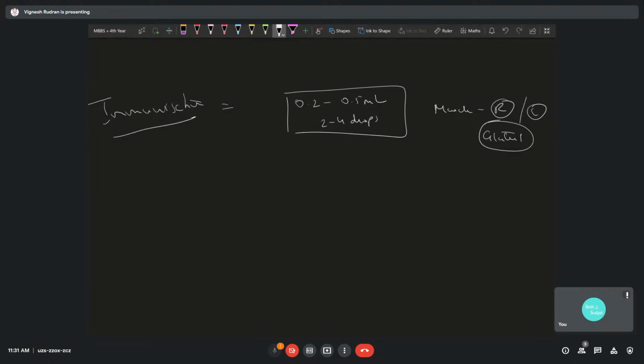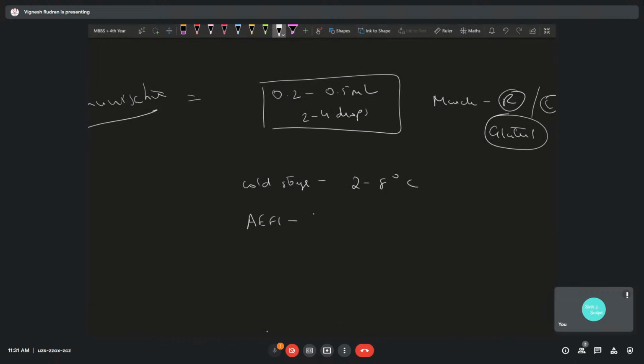And then cold storage. Most of the vaccines are stored at 2 to 8 degrees centigrade. So this is another point. And then AEFI. So certain vaccines have special adverse effects which you need to know, like your OPV and IPV had some problem with them, and it caused more harm than doing good. So there are some special things, but I'll give you general ones like your normal rashes, burning sensation, and then nausea, vomiting.